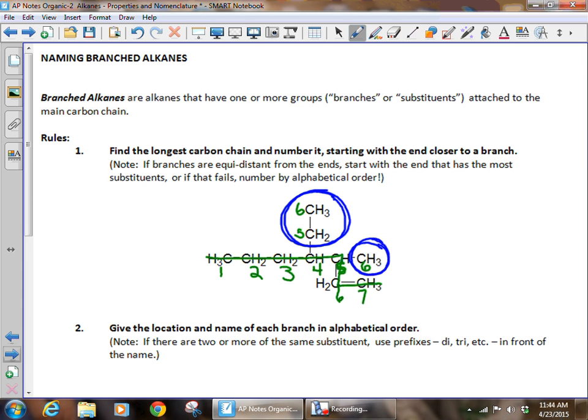If I number it from the other direction, 1, 2, 3, 4, 5, 6, 7, then this branch is on the 3 carbon, and this branch is on the 4 carbon. So I'm numbering it in a shorter direction if I number it from right to left.